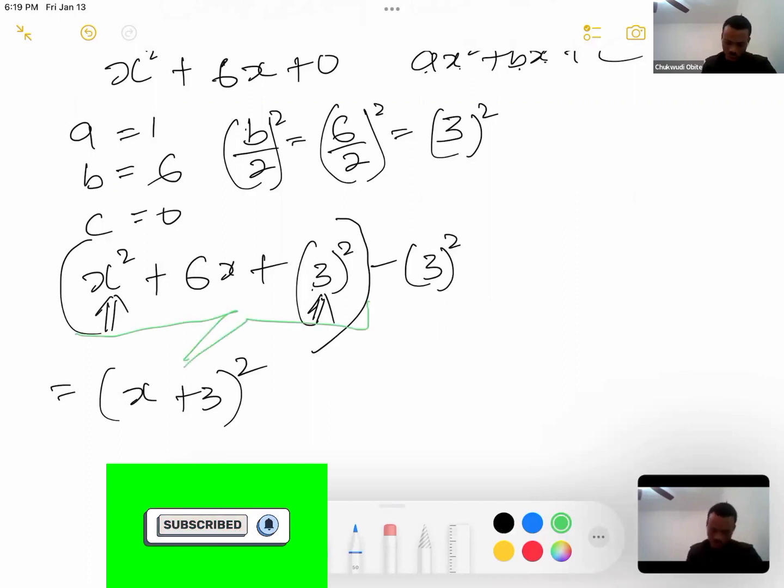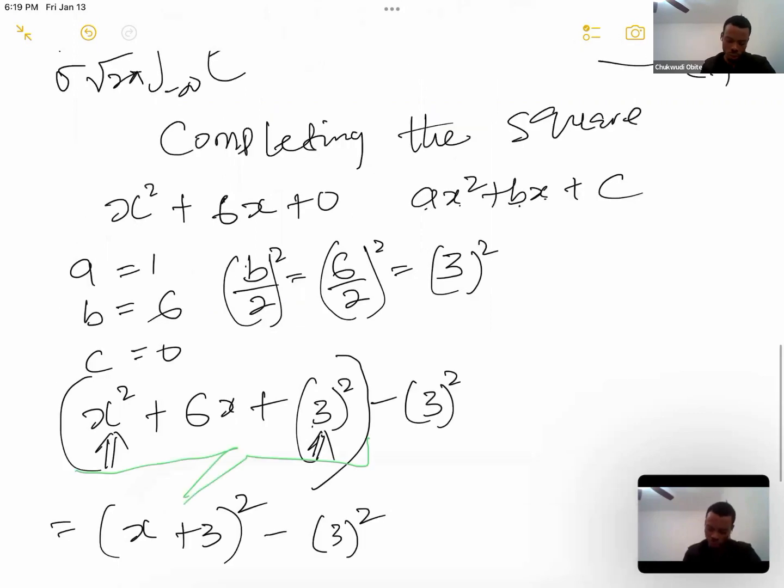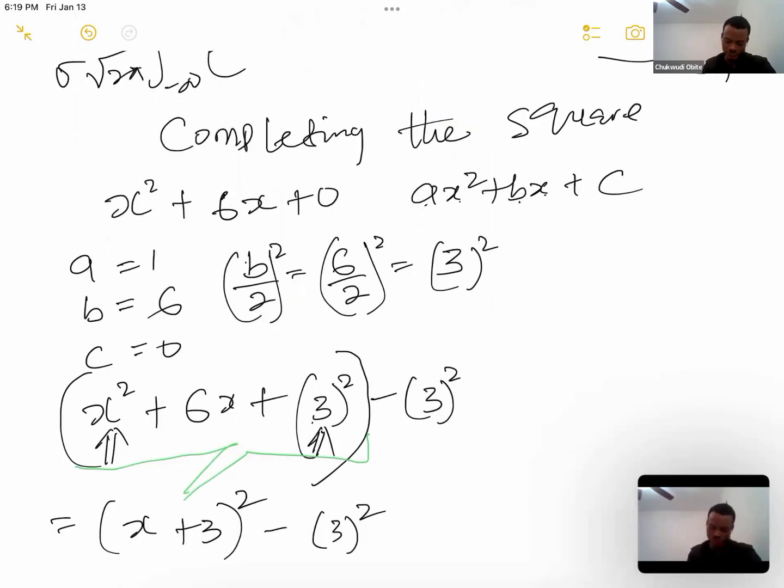Then what is remaining? Minus 3 squared. So this is how we use the completing the square method. One thing you should know about completing the square, it helps you to factor out x. So looking at this, x appears many times, but after completing the square, x is appearing just once.